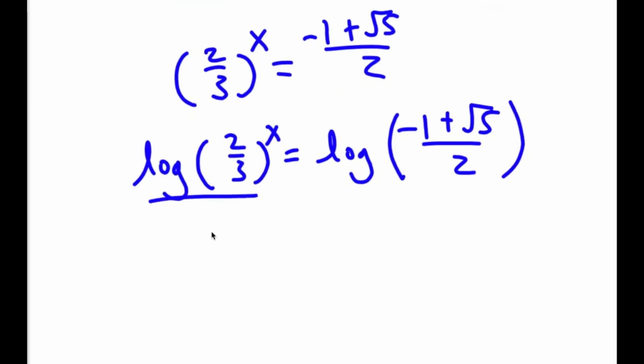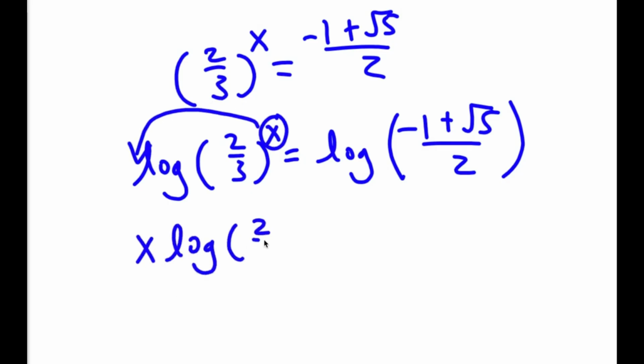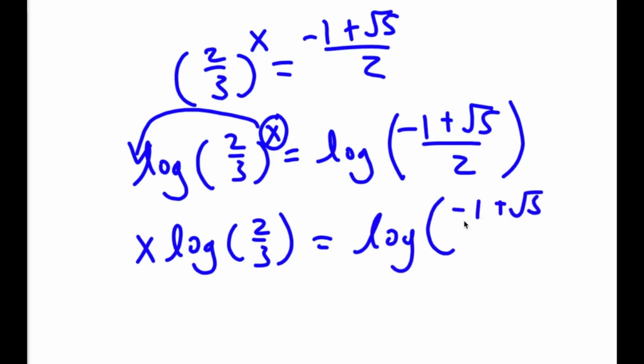Now, before I divide both sides, I can move this x to the front of the logarithm. So now I have x times log of 2/3 is equal to log of (-1 plus the square root of 5)/2.